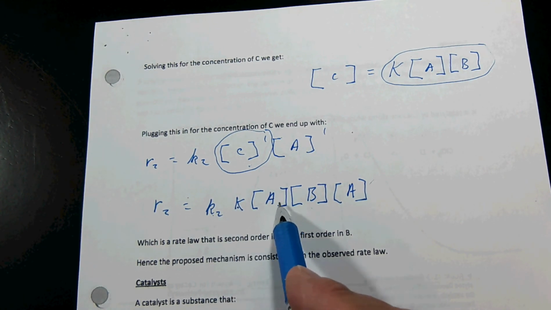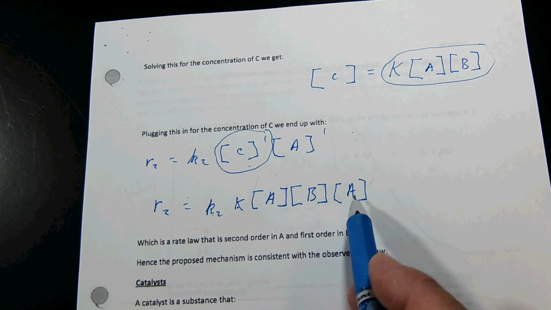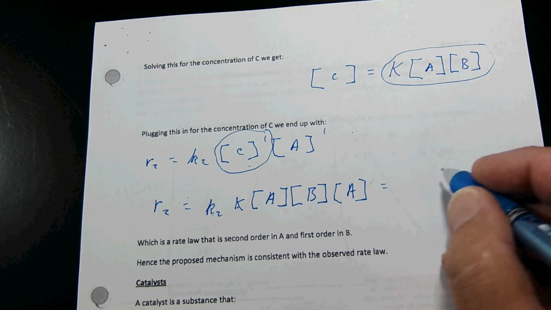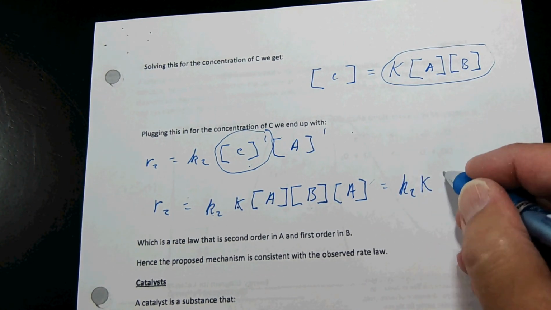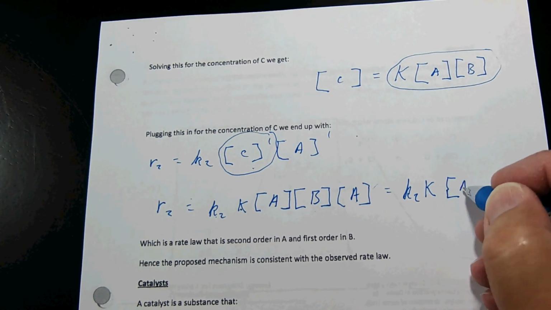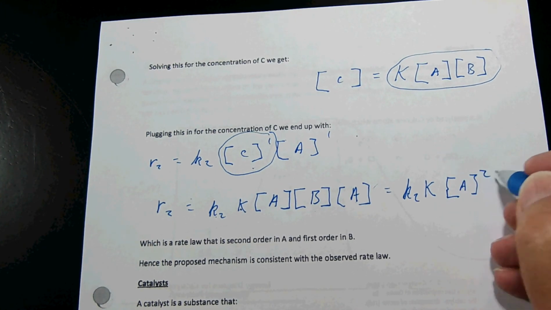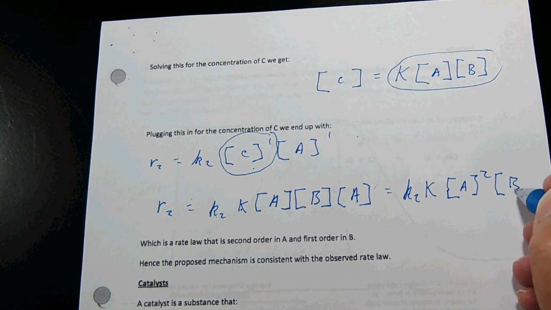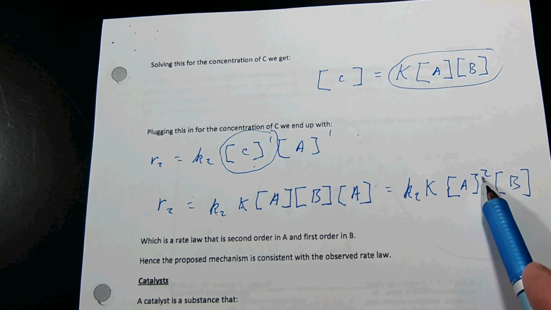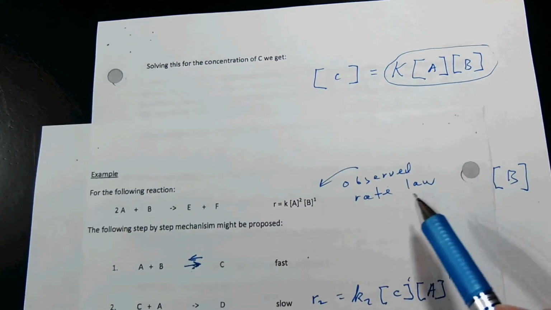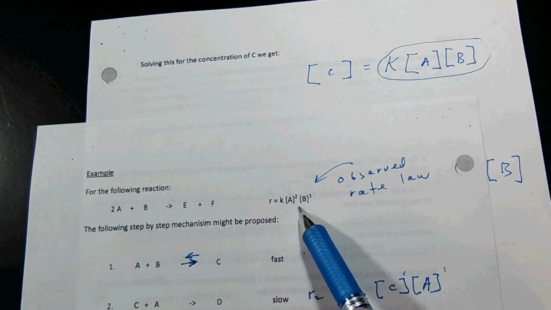But if we look at the reaction orders, this is clearly second order in A. So the whole thing's going to be K2 times the big K times A to the second power times B. Hey, it is A to the second power, just like in the observed rate law.